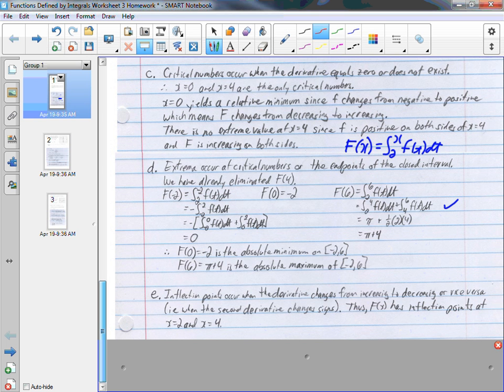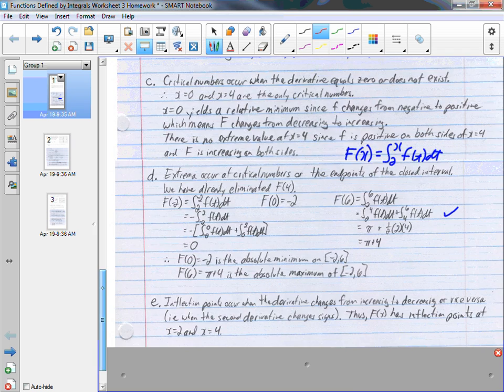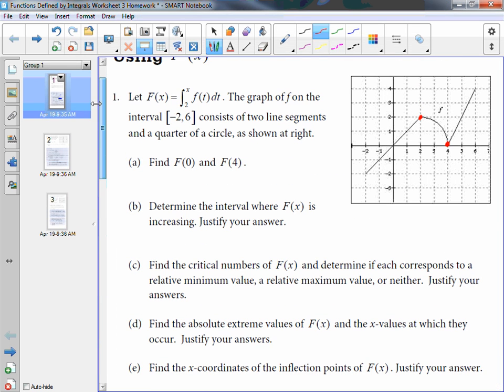F concave down, F prime decreasing, F double prime negative, all go together. So, let's just call that the derivative because it is. That graph is the derivative. When that derivative is increasing, then the capital F is concave up. When the derivative is decreasing, capital F is concave down.